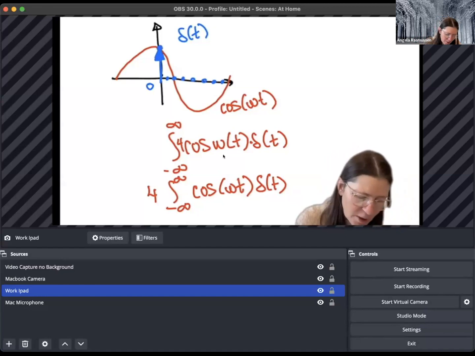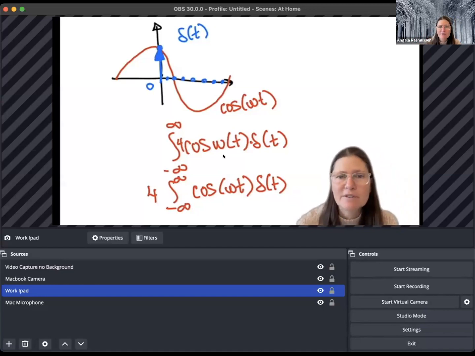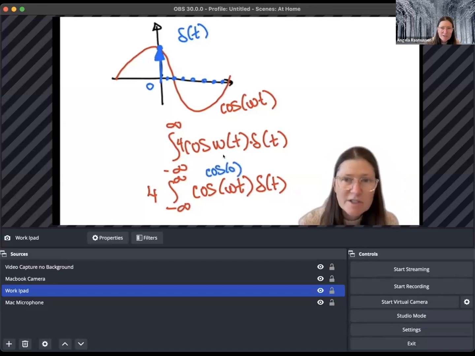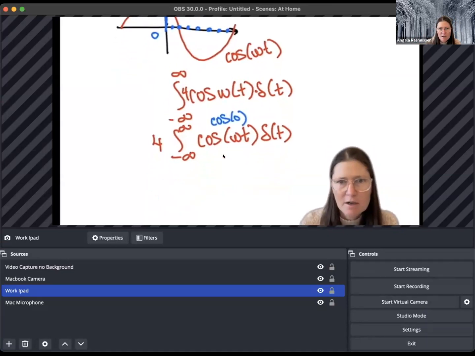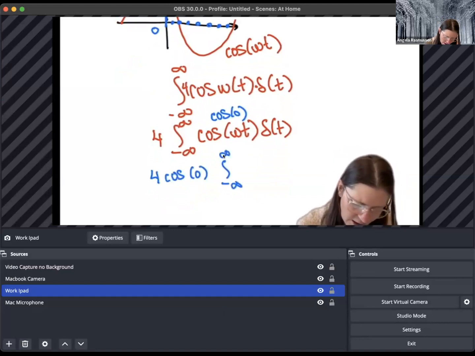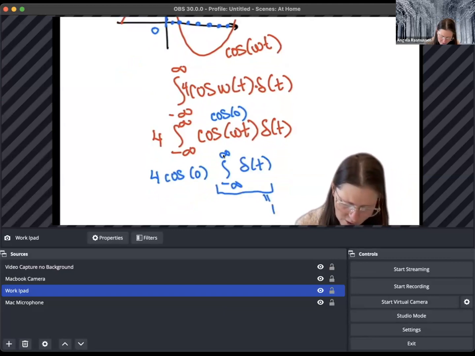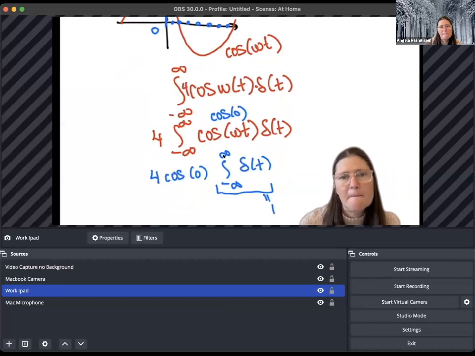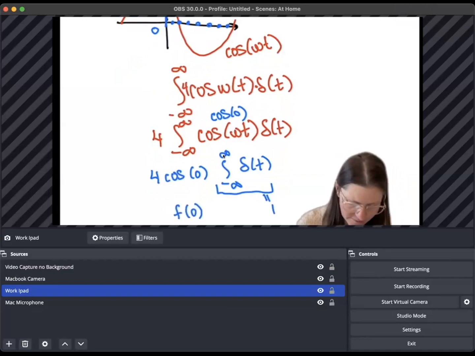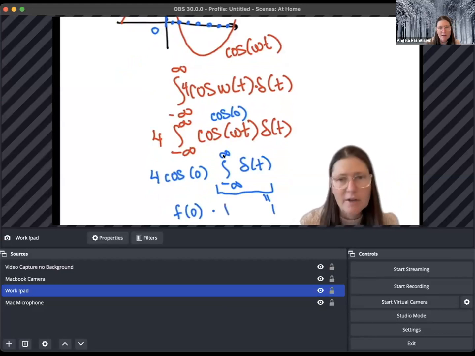So I'm only going to have one point from f of 0. So this is going to be cosine of 0, which then is some number, and I bring that out. And then this is my definition that this equals 1. And so this is just f of 0 times 1.